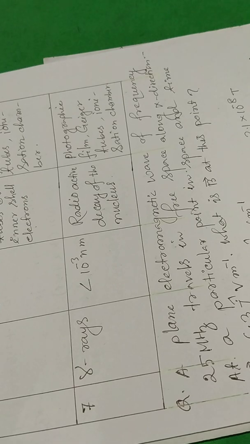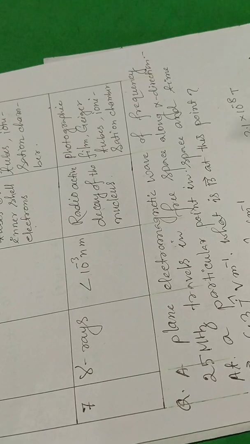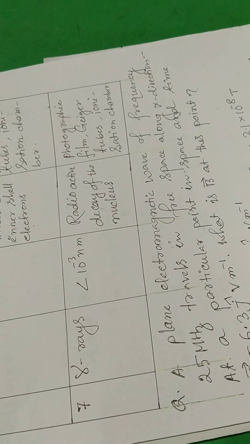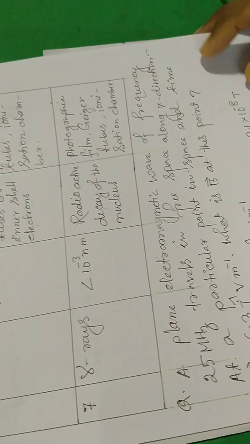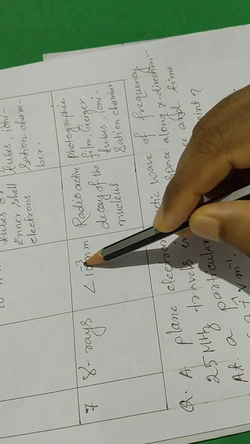Their frequency ranges from 10 to the power 18 Hz to 10 to the power 22 Hz. Alternately, their wavelength varies from 10 to the power minus 10 meter to less than 10 to the power minus 14 meter, or we can say less than 10 to the power minus 3 nanometer.